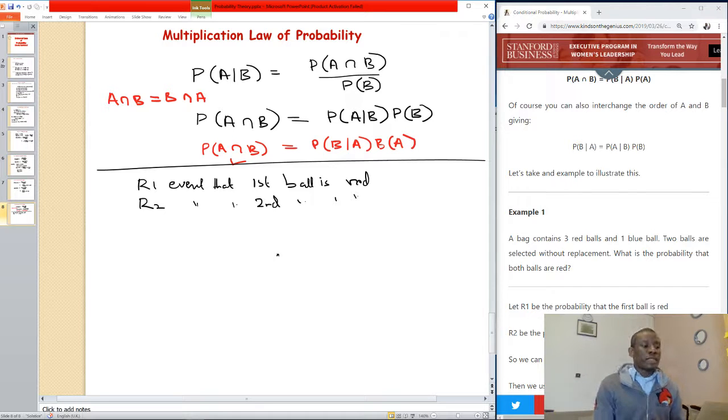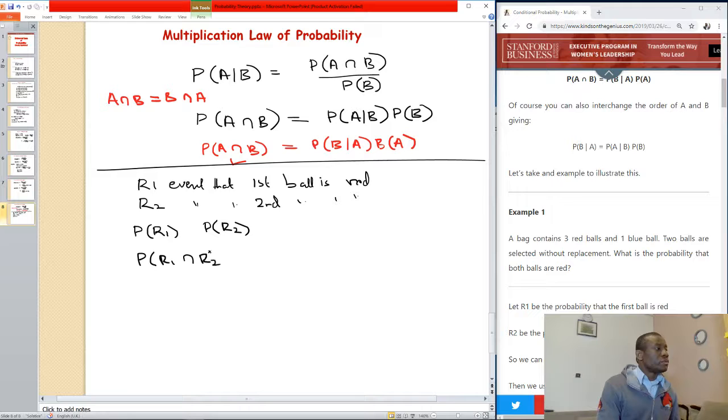So how do we approach this? It means that we can now have the unconditional probability that the first ball is red, okay? And we can also have the unconditional probability that the second ball is red, okay? These are just notation. And we want to find the probability that the 2 balls are red. So we want to find the probability of R1 and R2.